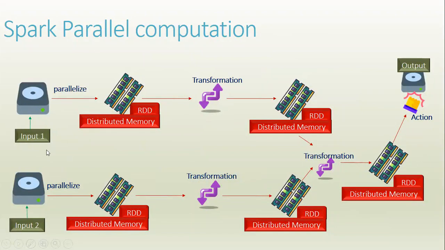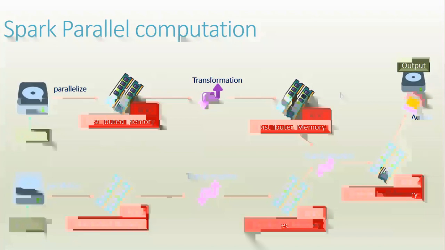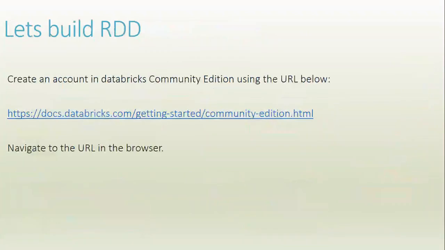So input 1 can be any data source, and input 2 can be any other different data source. So data is parallelized, and then an RDD is formed. On this RDD, transformations can be applied to get back a transformed RDD. And from there, this could be joined or transformations could be applied, and then an action could be generated to get the final output or the result.